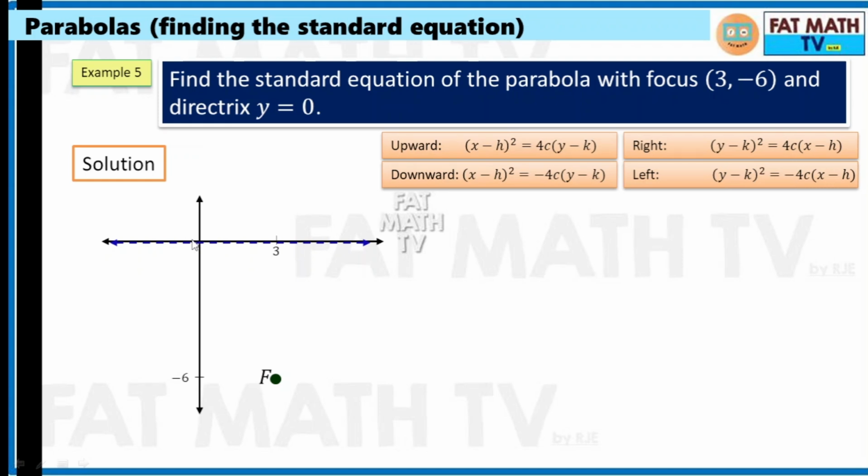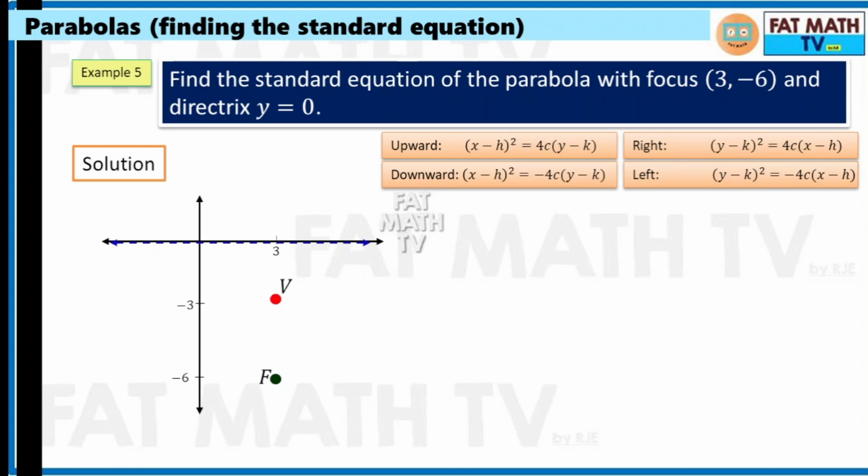The directrix is y equals 0 and the focus here is negative 6. The y coordinate is negative 6. So what is midway between 0 and negative 6? You just average. 0 plus negative 6 divided by 2, that is negative 3.